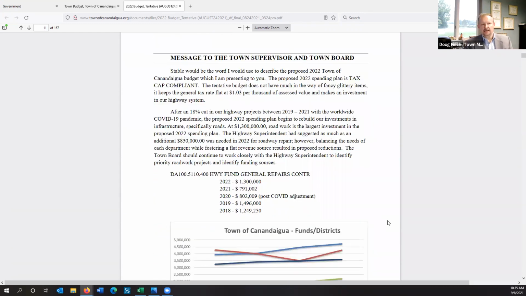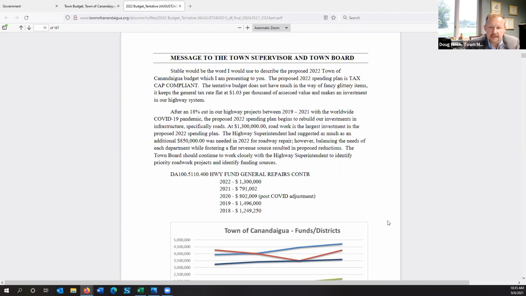The next pages is where it gets into more of the detail relative to the upcoming 2022 tentative budget and the spending plan. On page 11 is the message from myself as the budget officer to the town supervisor and the town board. You see that the budget I've proposed for 2022 does keep the tax rate at $1.03 per thousand.